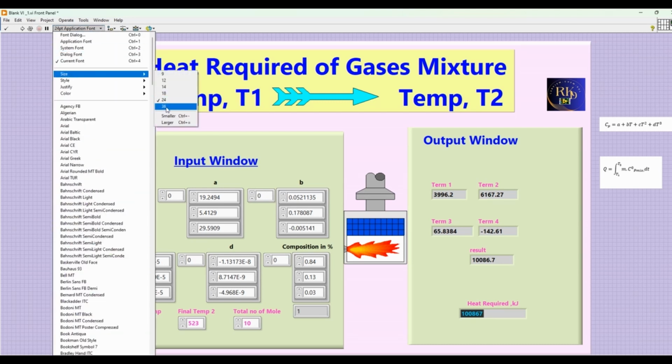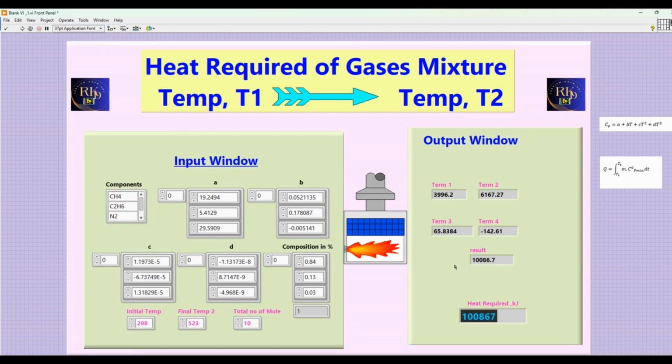So this is the final answer. This is the heat requirement of this gaseous mixture when we increase the temperature from 298 Kelvin to 523 Kelvin here.